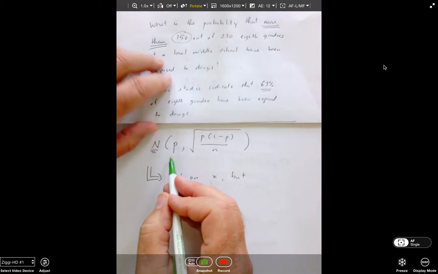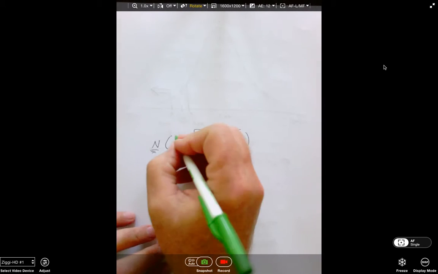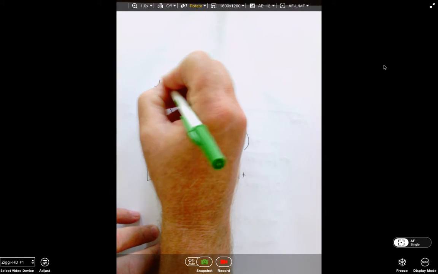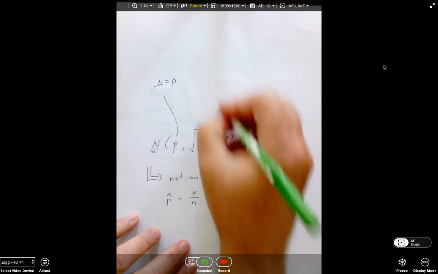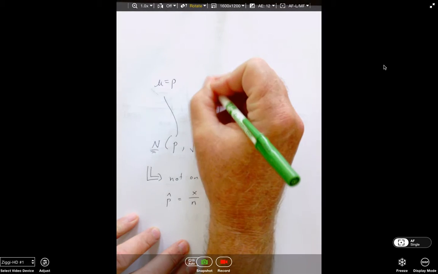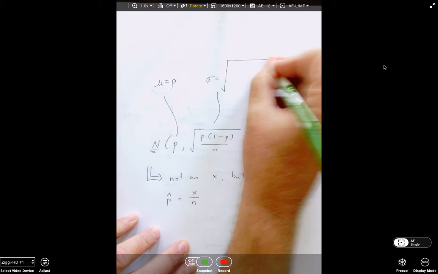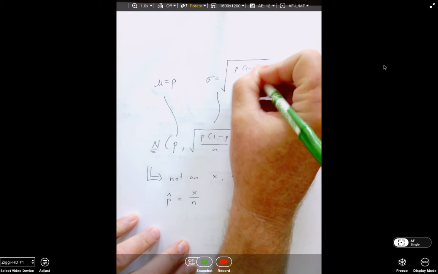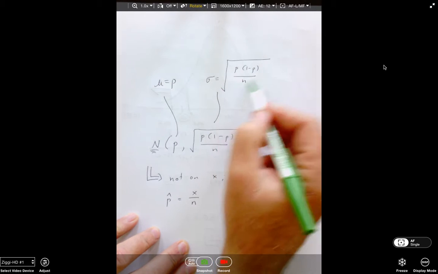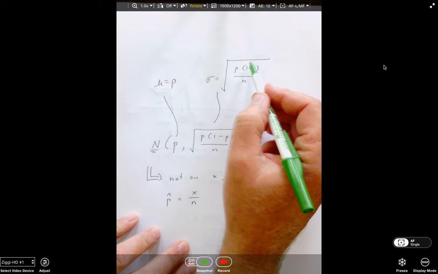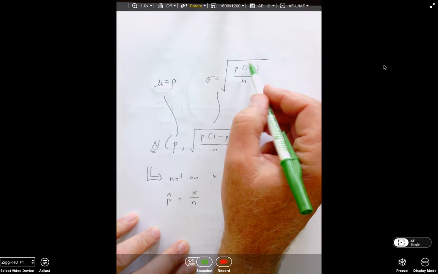And what does this tell us? Mu is equal to p. What's this tell us? The standard deviation is the square root of p times 1 minus p, all divided by n. Notice every bit of this is under the square root. Not like some other stuff that we'll run into.